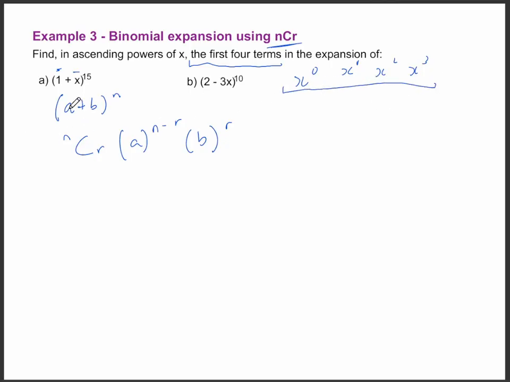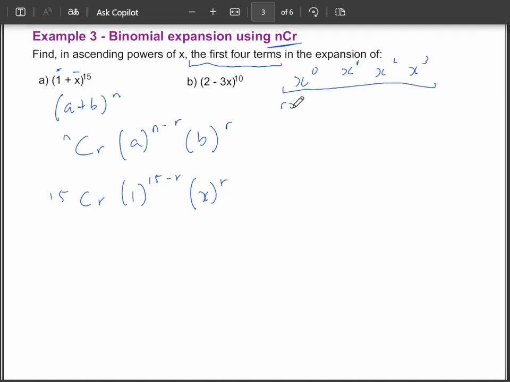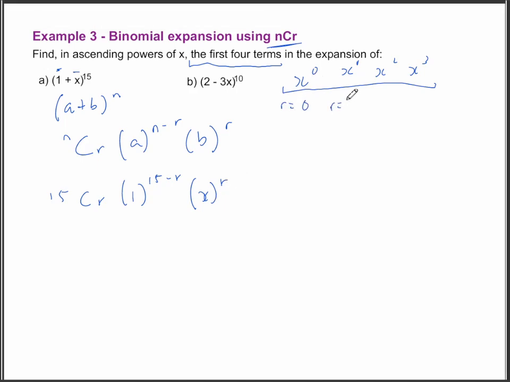If you check this right here, (a plus b) power n, we will get 15 choose r times 1 power (15 minus r) times x power r. And this tells you exactly what you need for r. When r is 0, we'll get x power 0. When r is 1, we'll get x power 1. When r is 2, we'll get x power 2. And when r is 3, we'll get x power 3.